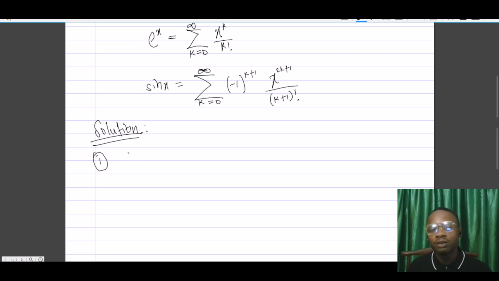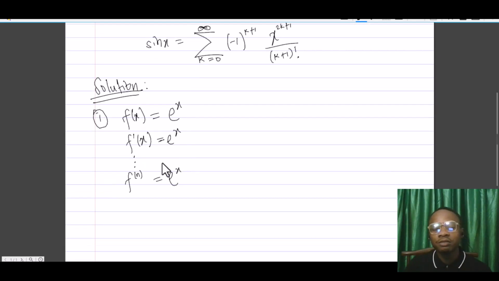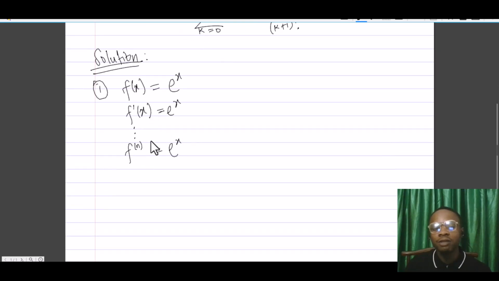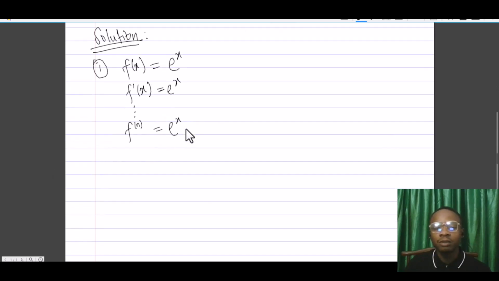For the first one, we know that f of x is equal to e to the power of x, and we know that f prime of x is e to the power of x. I mean, the derivative of this doesn't change. And even if we get the nth derivative, it doesn't change. Still e to the power of x. So whatever order of derivative of e to the power of x that we have is going to be e to the power of x.